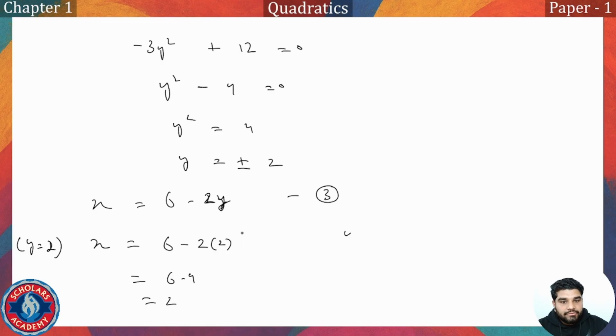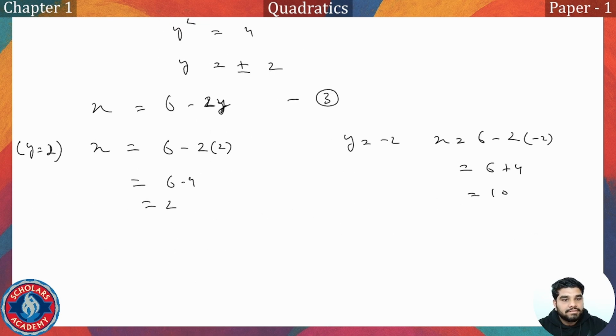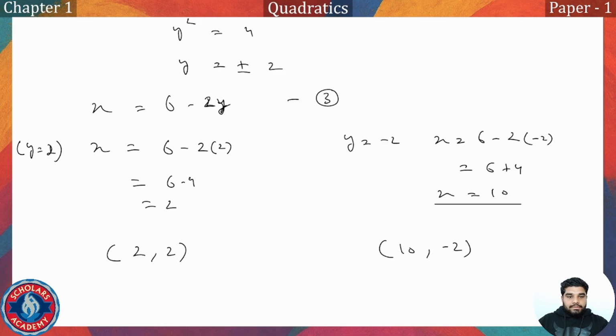And for y is equal to negative 2, we get x is equal to 6 minus 2 times negative 2, that is 6 plus of 4, that is 10. So this is the value of x. So coordinates are (2, 2) and over here (10, negative 2). We always write coordinate of x first. All right, I hope it is clear.